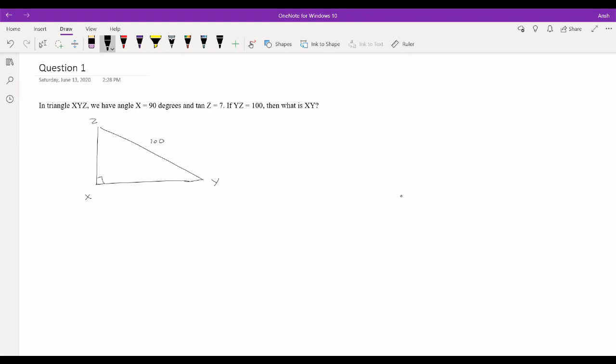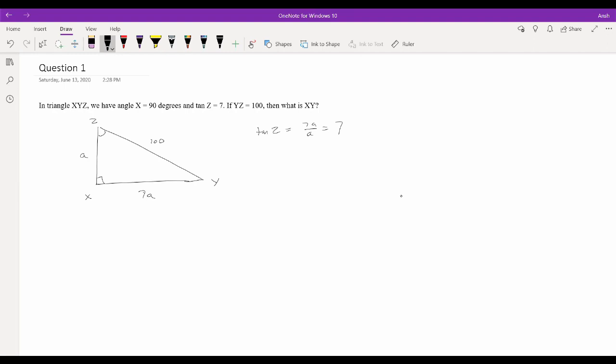So what we can do is we can let XZ equal A. And that would mean that XY has to be 7A, since tangent of Z is equal to XY over XZ. So it would be 7A over A, which is 7. So now we have a right triangle with legs A, 7A, and hypotenuse 100.